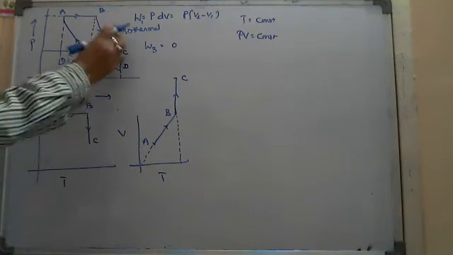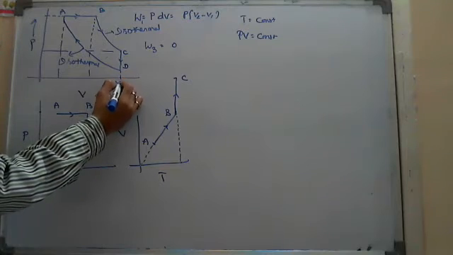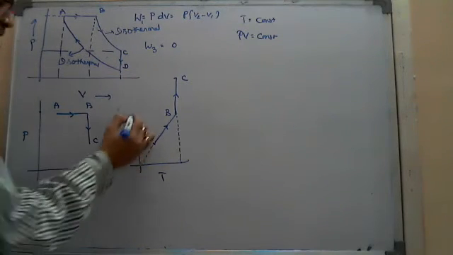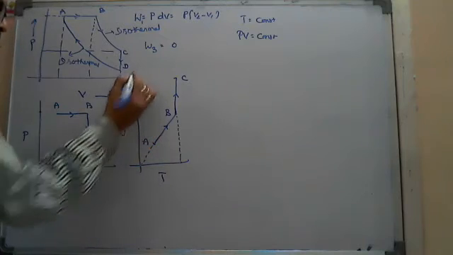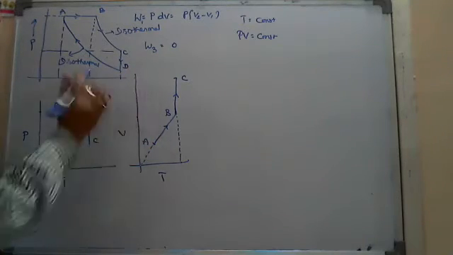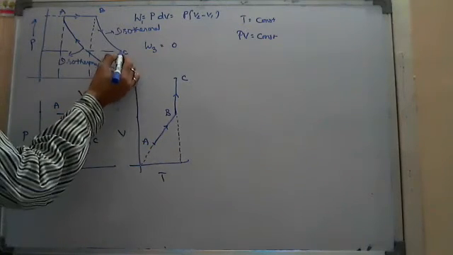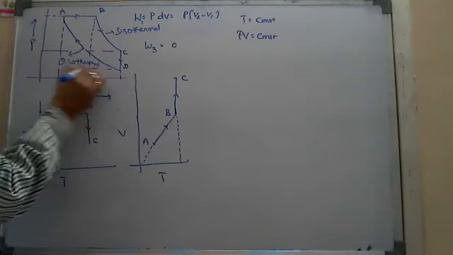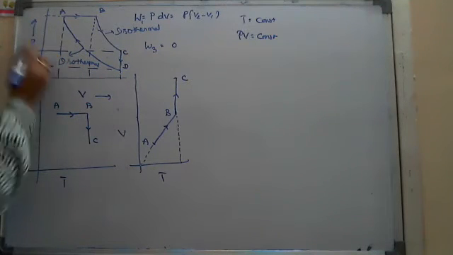And C to D, actually here volume is constant. Volume constant means I have to get it in the second graph. At constant volume I am decreasing the pressure from here to there.